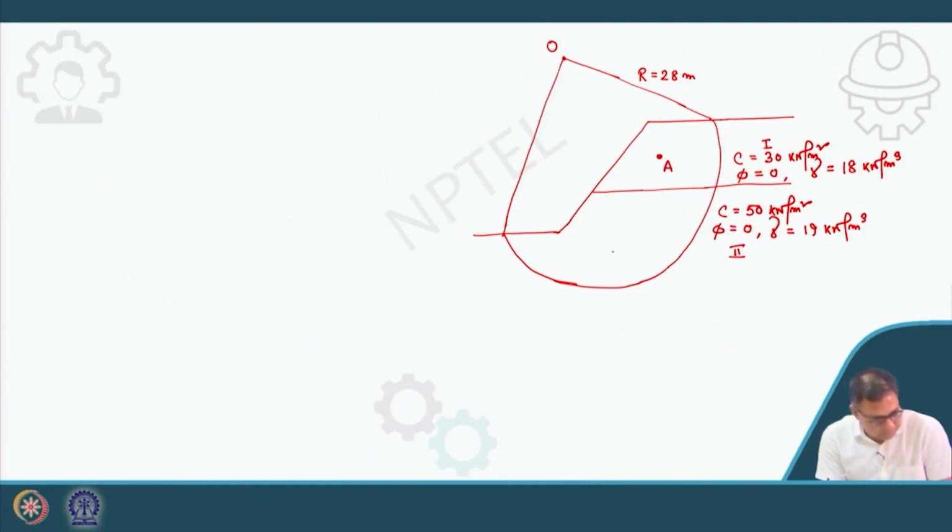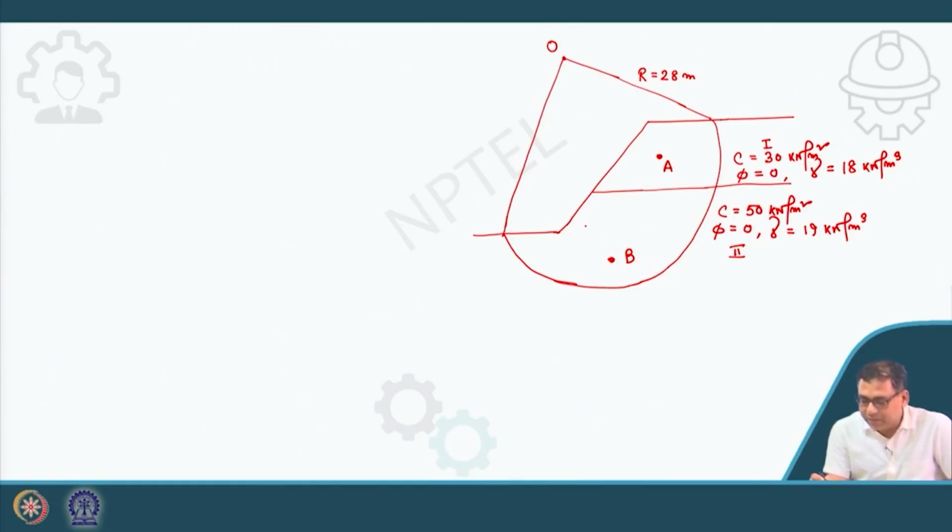And this is for the second layer, this is B. So this may not be as per the scale, but this is the position of the two centroids A and B of these two failure masses, because we have two layers.